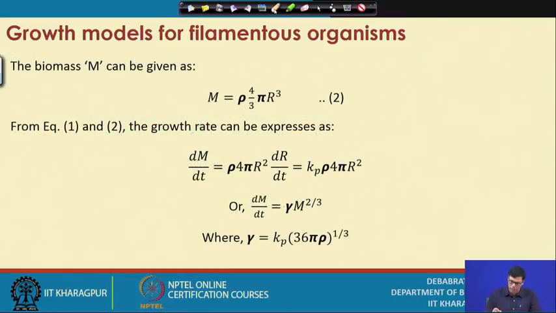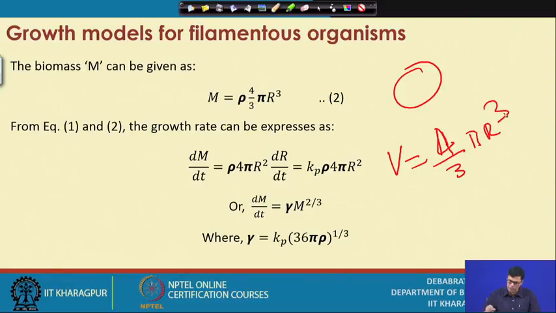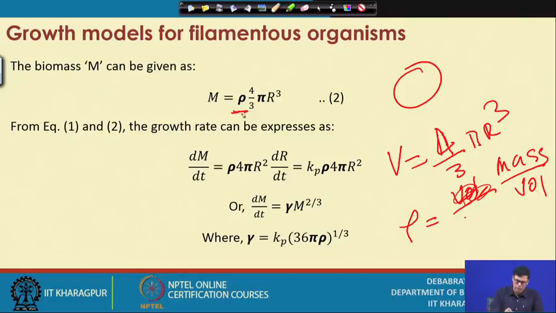Now, here we can consider the pellet to be spherical in shape. What is the volume of the sphere? 4 by 3 pi r cubed. Am I right? Now, what is the rho? The unit of rho is mass per unit volume. Now, if you multiply volume with density, this will obviously be mass.